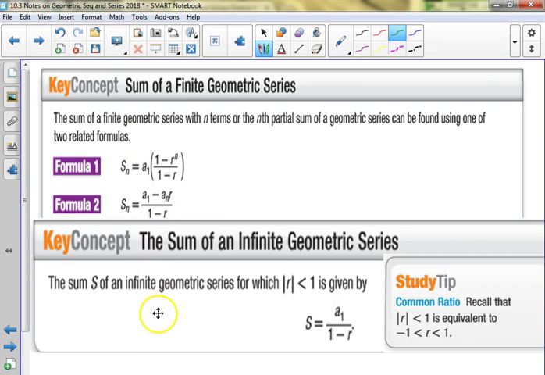All right, now the new stuff. There are 2 formulas you can use, but I've only given you this one on the gray sheet, okay? To find the sum of a finite geometric series, meaning something that they are multiplying, but they're going to add them all up.